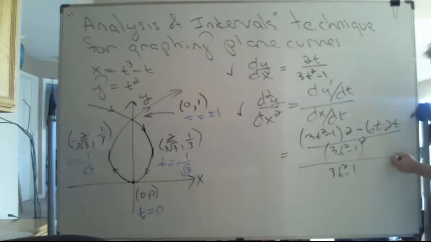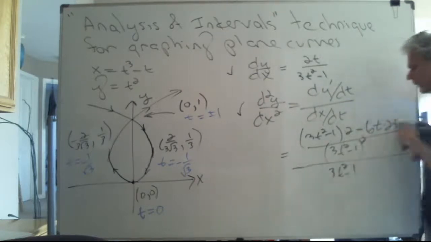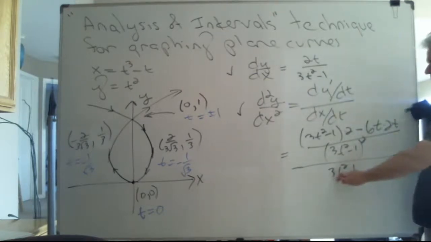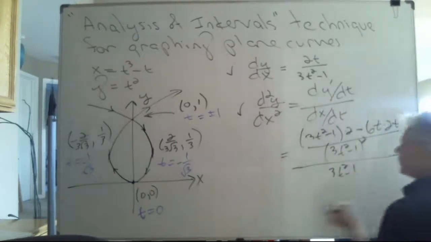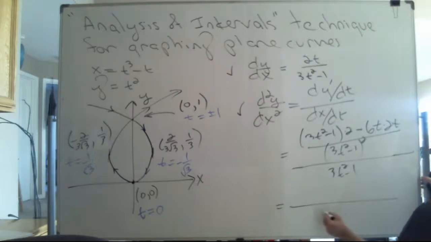Now here's my long division bar. So when I invert and multiply, that throws an extra factor downstairs. So I get this cubed.